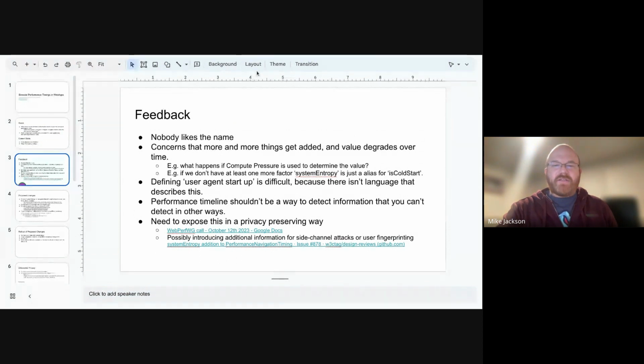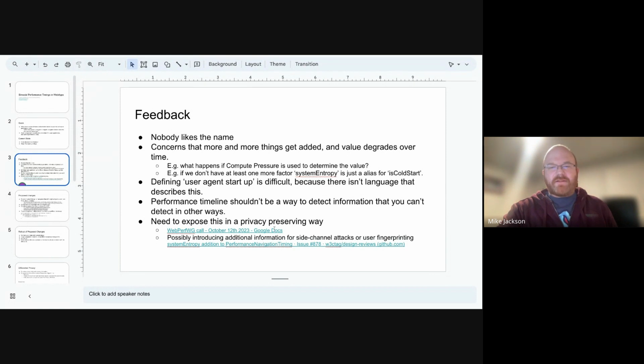There is a concern that as more things get added, the value of the signal degrades over time. Defining user agent startup from a spec perspective would be difficult. The performance timeline shouldn't be a way to detect information you can't detect in other ways, and we need to expose this in a privacy preserving way.